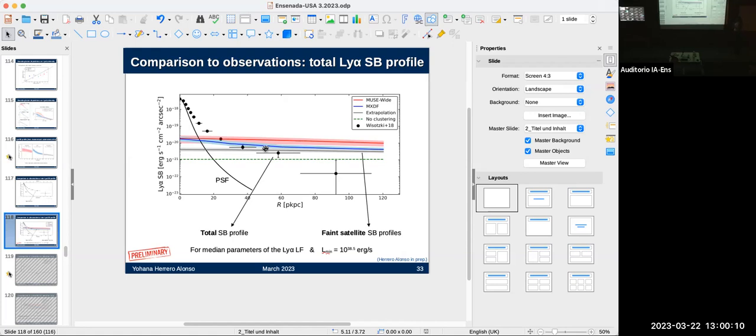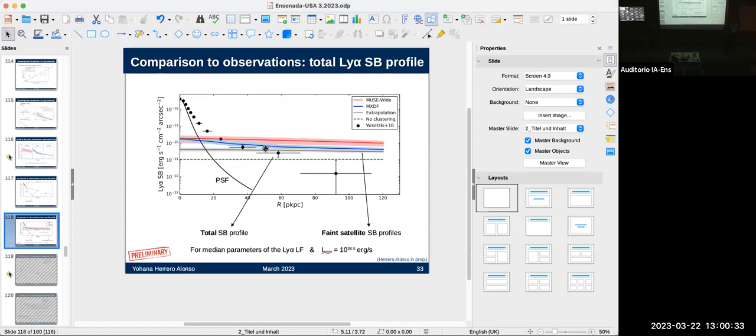Yeah, but that is giving me a different kind of information. That is telling me that some of the assumptions I have made maybe are not right. Because this contribution is already higher than what is measured in the literature, it might be that the extrapolation I made in the luminosity function is not what we should do. We have a lot of uncertainties here.